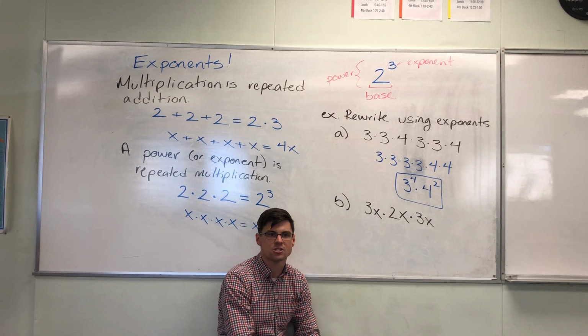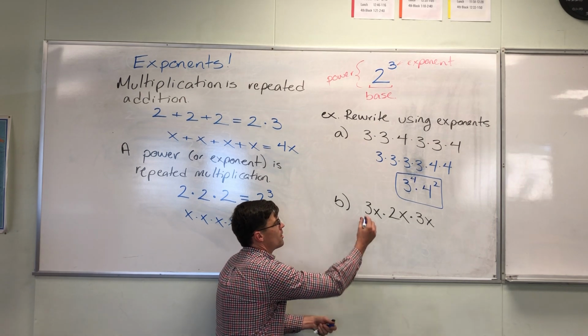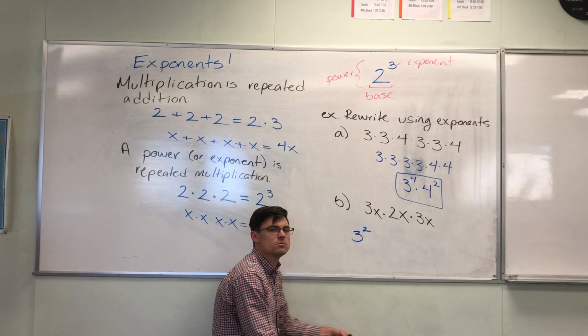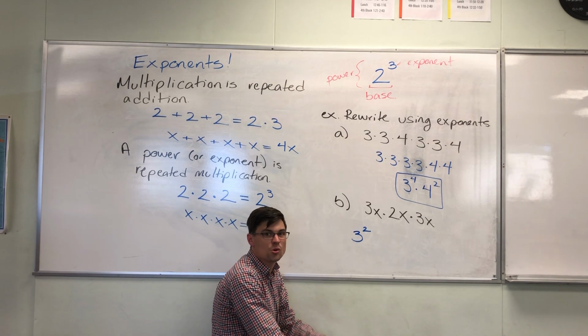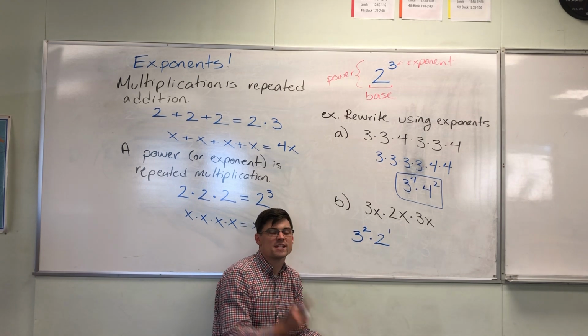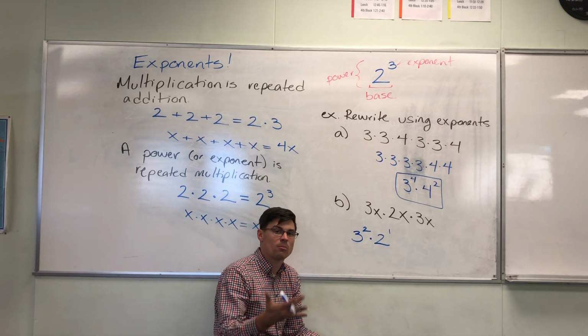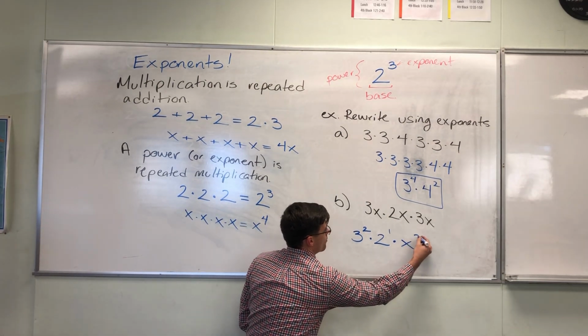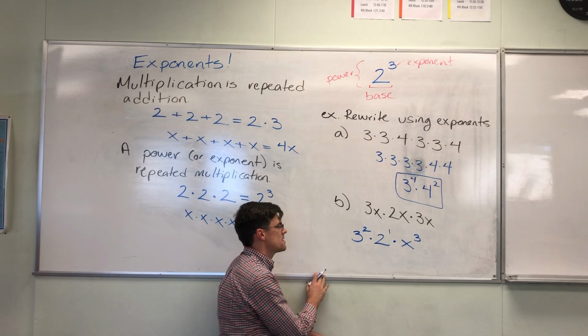This is all multiplication. There are 2 3's there, so that's 3 to the power of 2. There's only one 2, so you could call that 2 to the power of 1. So an exponent of 1 just means the number itself. And then x to the power of 3, because there are 3 x's.